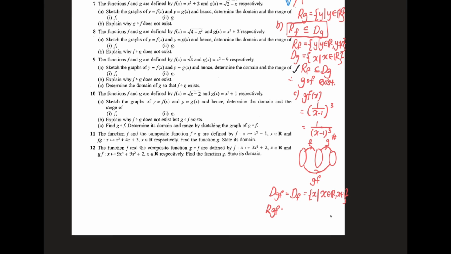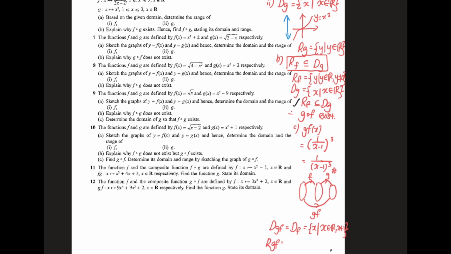The range of g is real numbers, but you have to be careful because we also need to check whether there are any x values that make the function undefined.